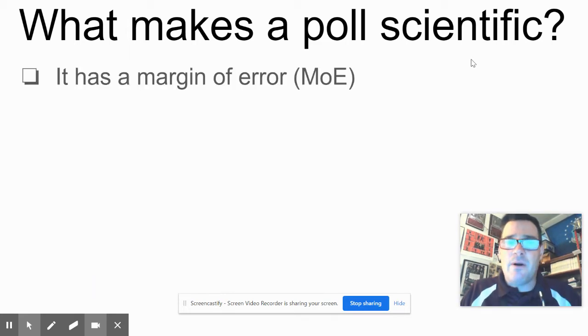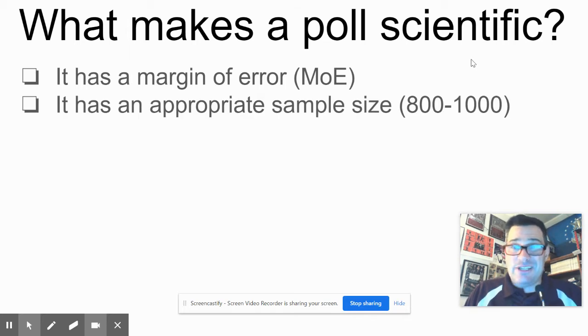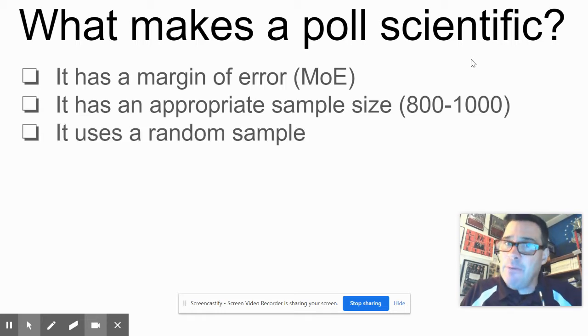All right, so first off, remember, what makes a poll scientific? One, it has a margin of error. That means there's been a statistical analysis of it. Two, it has an appropriate sample size, which is going to be between 800 and 1,000. Also, it uses a random sample. You're not polling only people that drive pickup trucks or only people that drive a Toyota Prius, or just people who shop at Walmart, or just people who shop at Whole Foods.